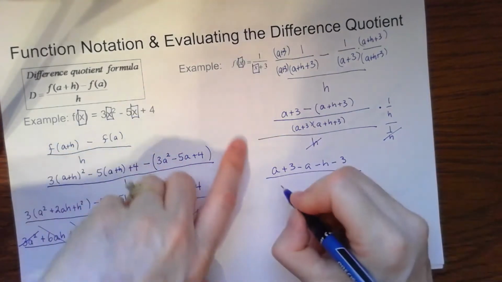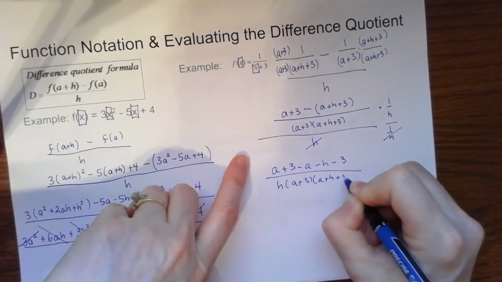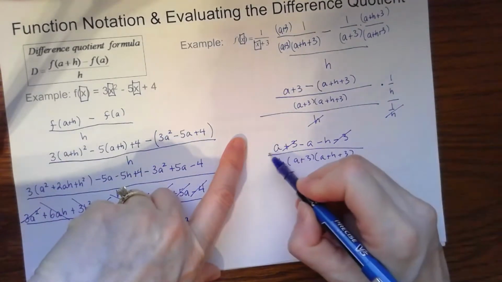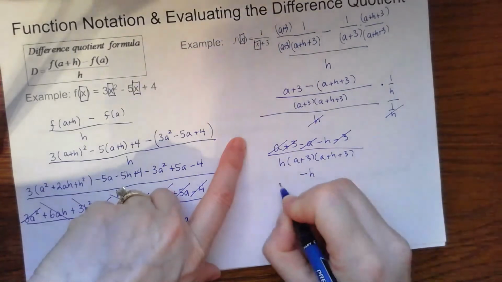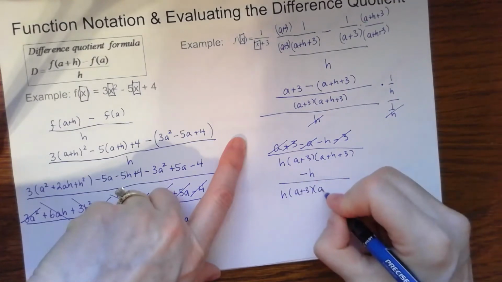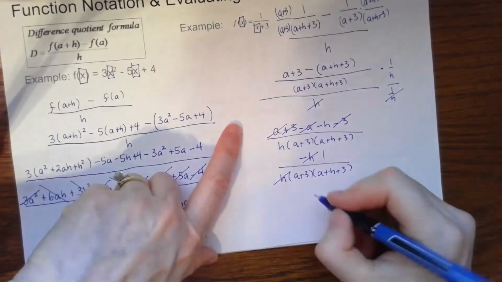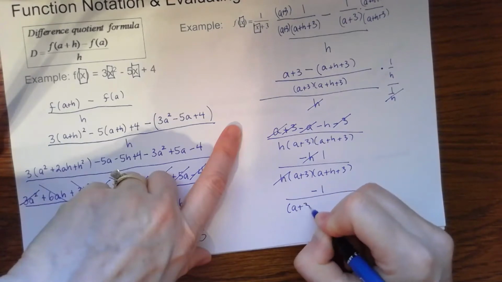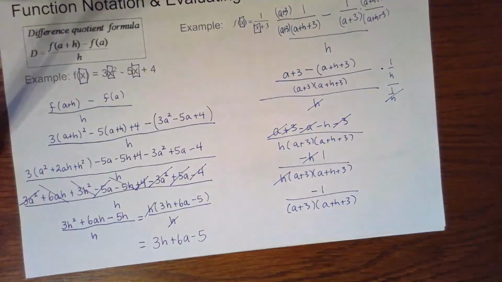Okay, and in our denominator we've got h times a plus 3 times a plus h plus 3. Okay, I have a plus 3 and a minus 3. I have a plus a and a minus a. So I just end up with minus h over h times a plus 3 times a plus h plus 3. The h's cancel out. And so my final answer is negative 1 over a plus 3 times a plus h plus 3.